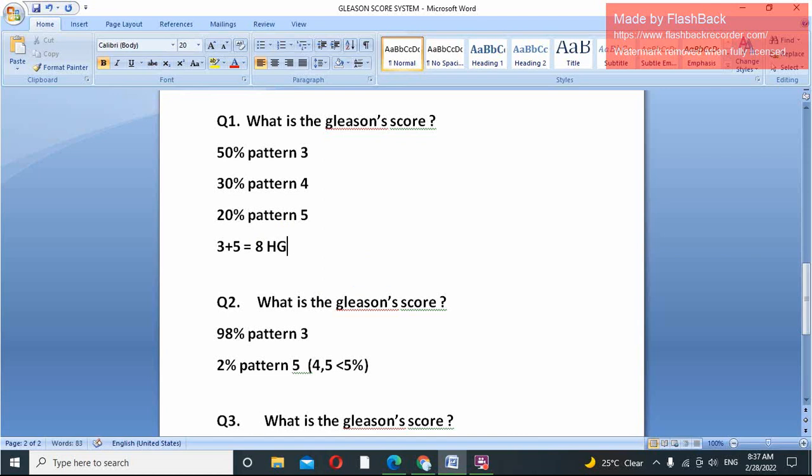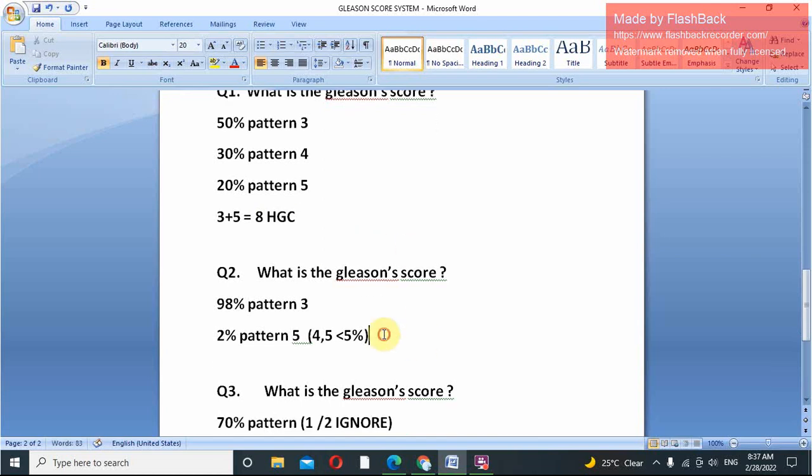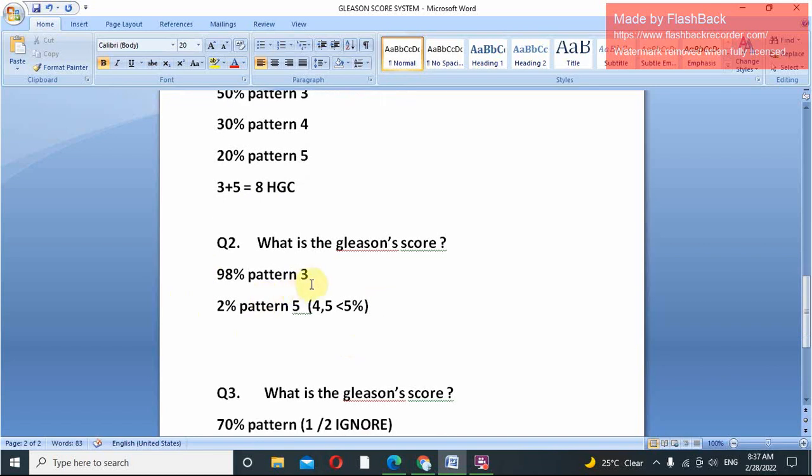Okay, so 8 is high grade cancer. Now we have another question where in 98% we find pattern 3, and 2% pattern 5. So what will be the Gleason score? So 3 plus, now do we have to add 5?